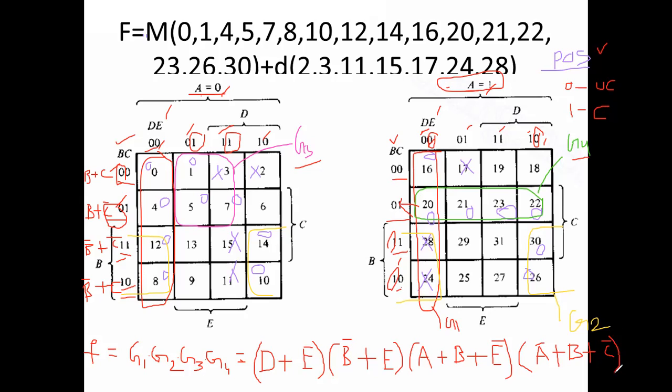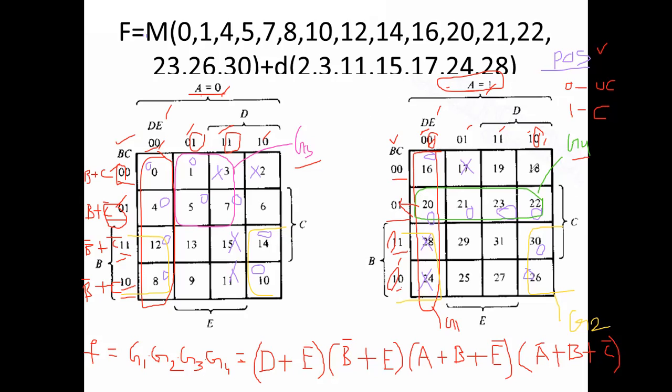One thing you remember: if the total row or total column is covered for a group, then those variables are not getting in the expression, for that group only. Do you understand? That should be remembered. So this group 4 totally covers all the combinations.